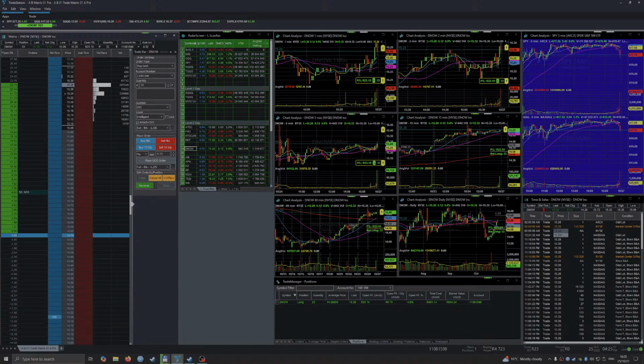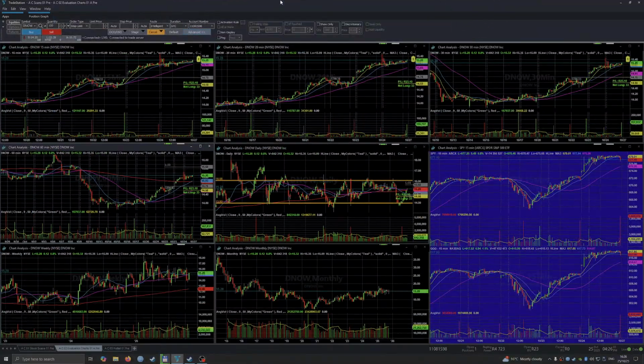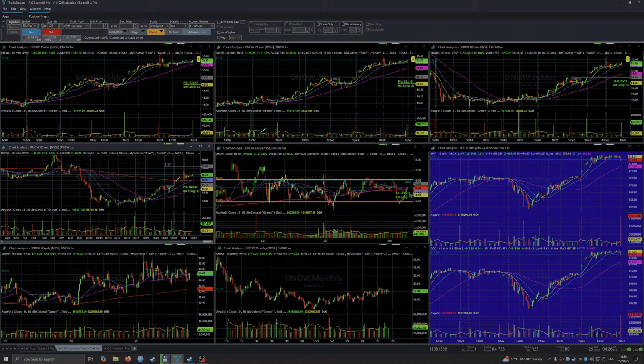So I was a little bit late to the party, and I will show you what I mean. This is the chart of D now, the stock that I'm in. These are significant price points, $14 and $16.